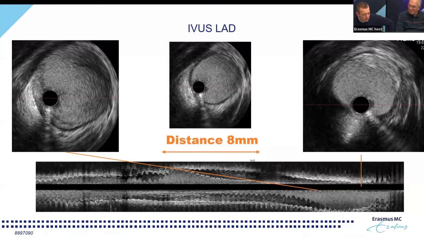So what I would have expected, if this dissection in the mid LAD would have been iatrogenic, is a continuation of the damage caused here at the ostium with the distal part. Anyhow, we will never know the definitive answer, but the point is that we were surprised by this case, and we had to deal with it at that point in time.